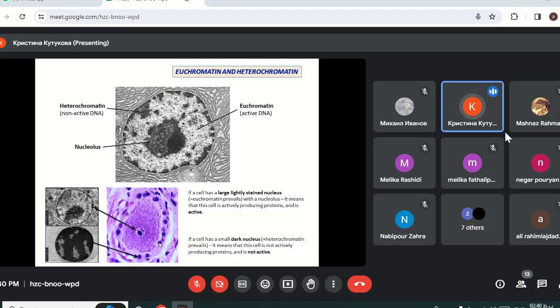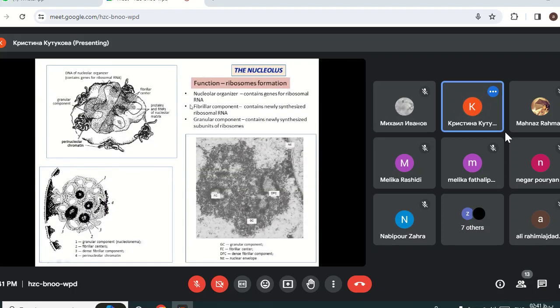It means that inside them heterochromatin prevails, which is non-active DNA, and it means that these cells are not so active in the function of producing proteins. So looking at the nucleus of the cell, we can say if it is active or not.